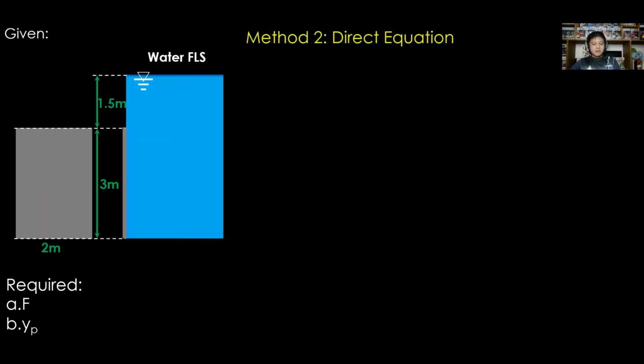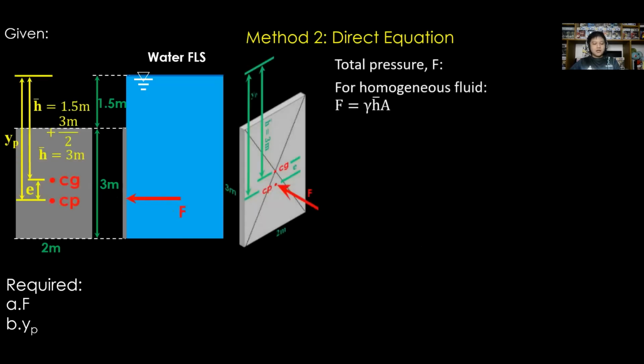Next, solving the problem using method number 2, that is the direct equation. So determine the value of F, where F is equal to gamma times h bar times A. Substitute values. So we have gamma of water, that is 9.81 kilonewtons per cubic meter, times h bar. So that is the total distance from CG to the free liquid surface.